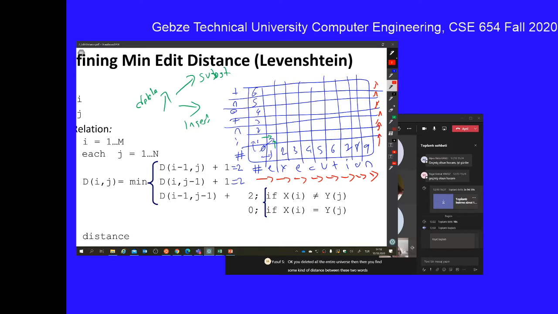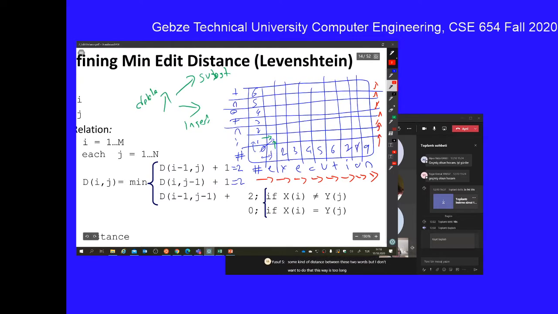But I don't want to do that. This way is too long, because you are doing the most stupid thing, deleting everything and inserting it, or just the other way around. I don't want to do that. I want to find the shortest path between this position and that position, and that's going to depend on the contents of the words.